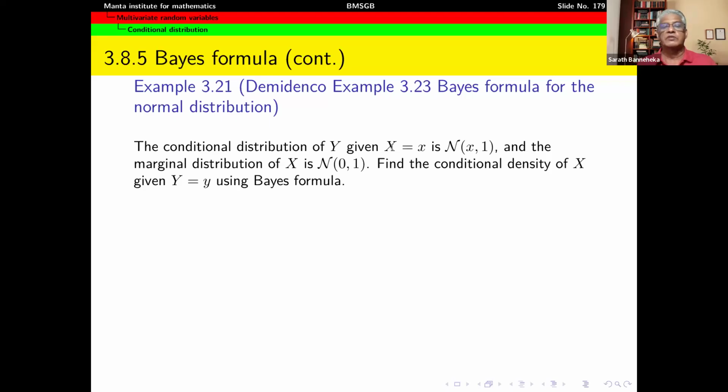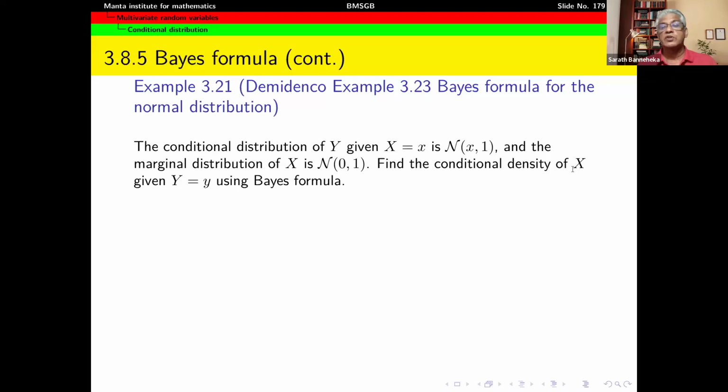For example, if x is equal to 1, then y will have a normal distribution with 1, 1. If x is equal to 2, y will have a normal distribution with 2, 1, like that. The mean is equal to the given x. And the marginal distribution of x is normal 0, 1. Suppose the marginal distribution is standard normal.